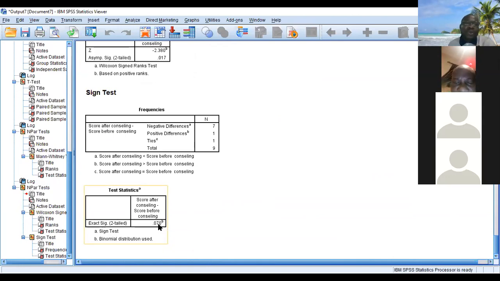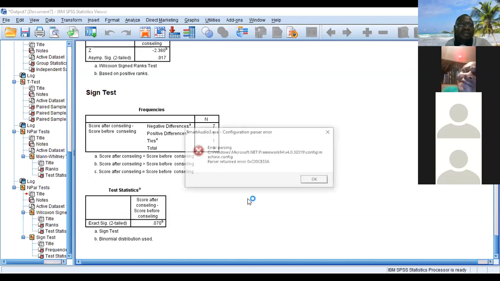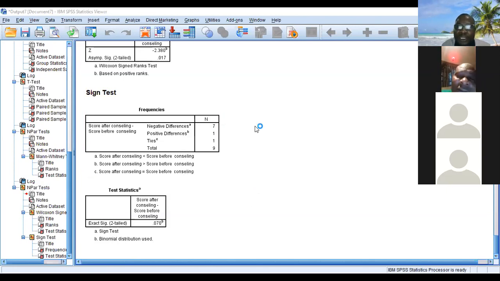The sign test is like a median test. It's not powerful. So if you look at it now, both the parametric paired t-test and the non-parametric counterpart, Wilcoxon, are significant. But the sign test is not significant, almost 0.07 but not significant.